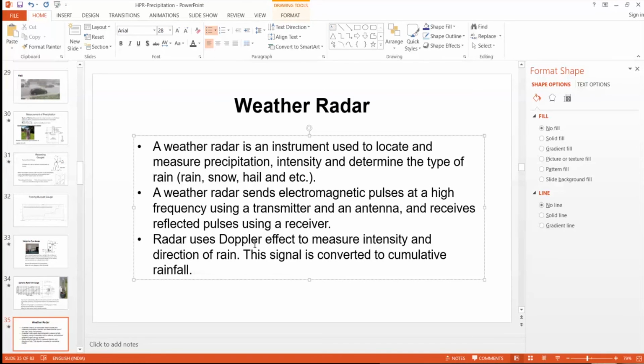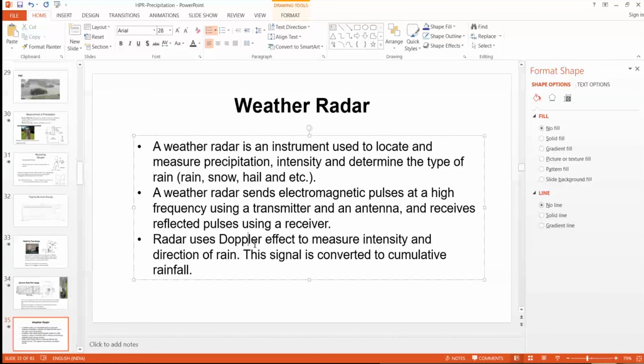And if the object is going away from the observer, then the frequency of the wave generated by this moving object decreases.